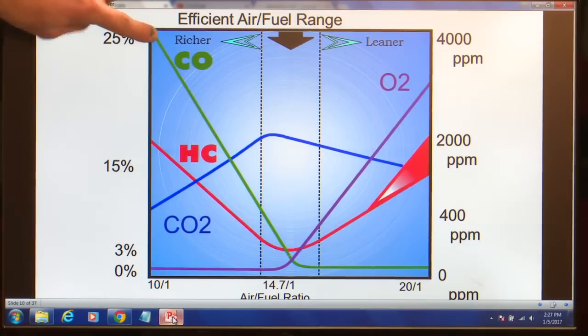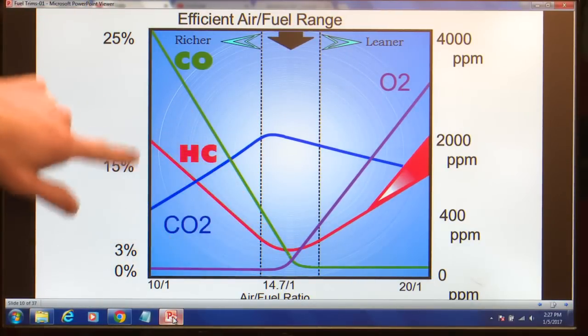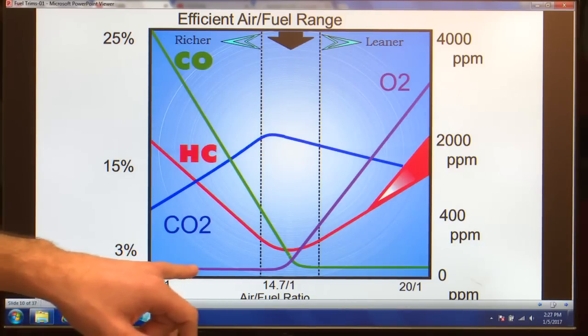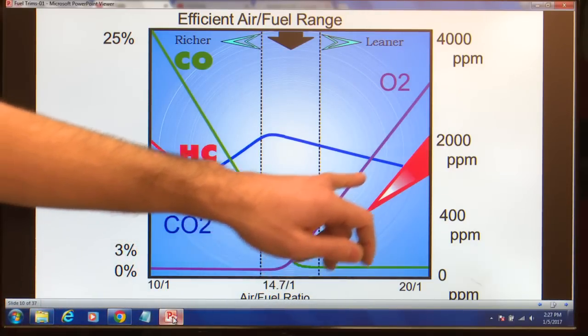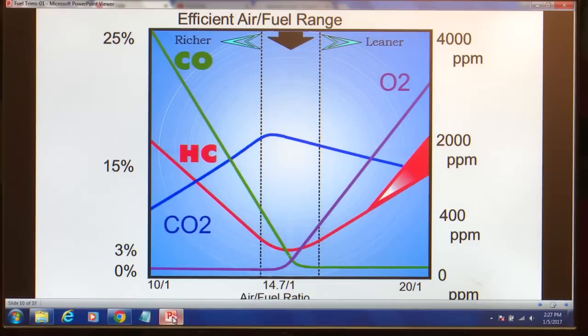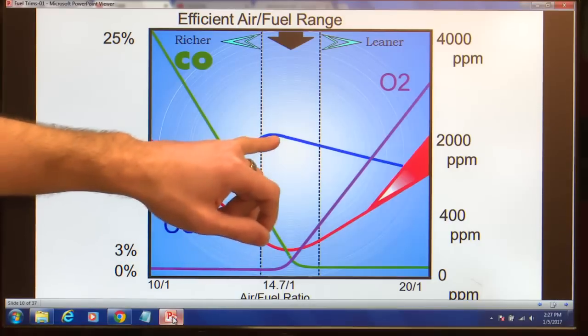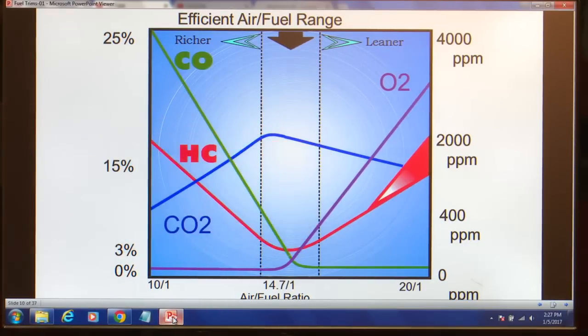As we get leaner, it starts to decrease and decrease, and the O2 levels go from 0 up, up, up. So you can see CO and O2 act opposite, hydrocarbons do a loop here, and CO2 peaks right in this range here.